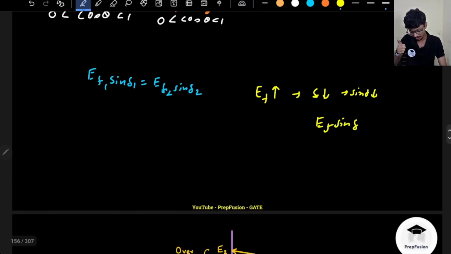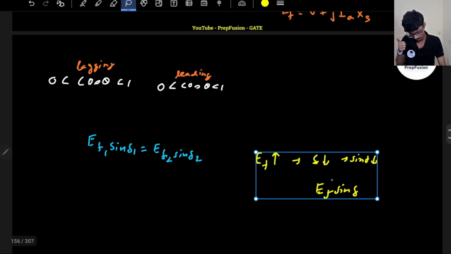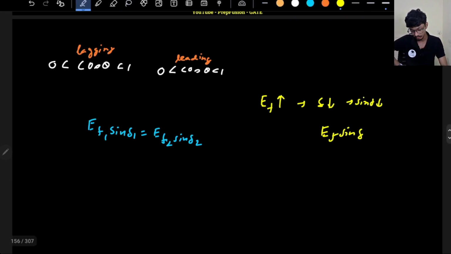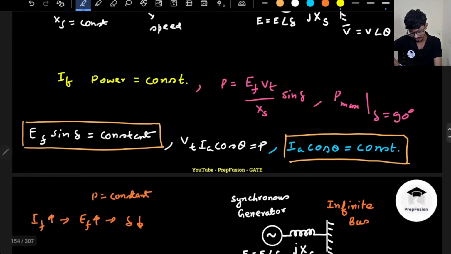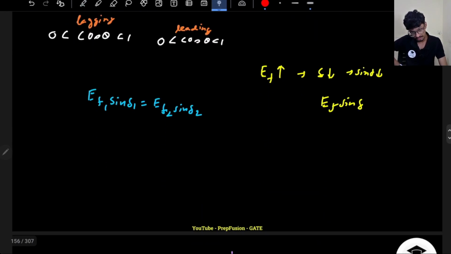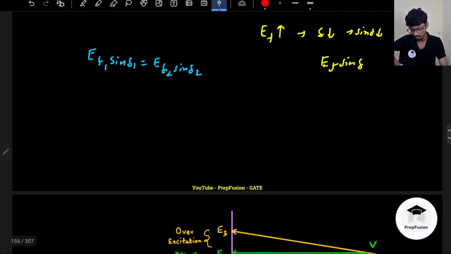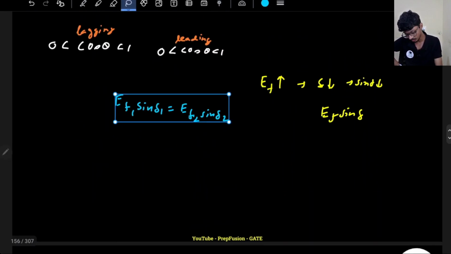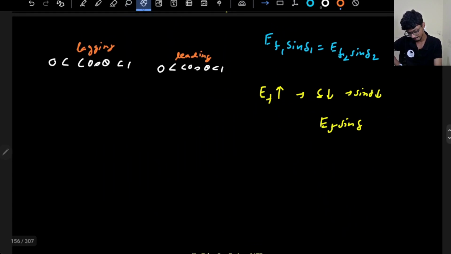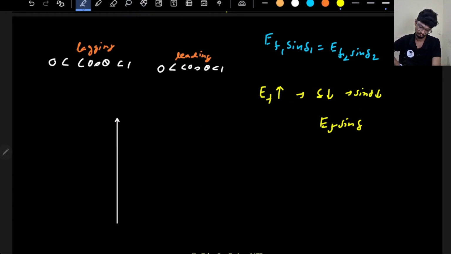Okay, now let me draw this graph. IA cos theta: IA is variable, so if IA varies, cos theta will vary also. But IA cos theta will be constant. So how can I make IA cos theta constant?